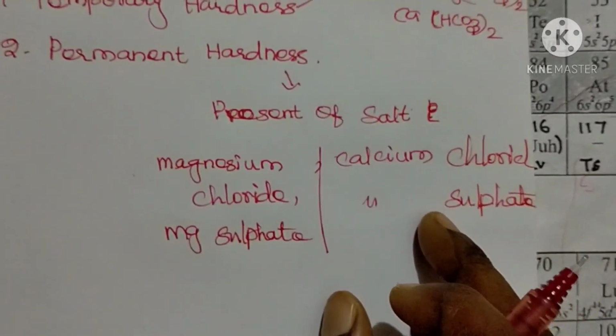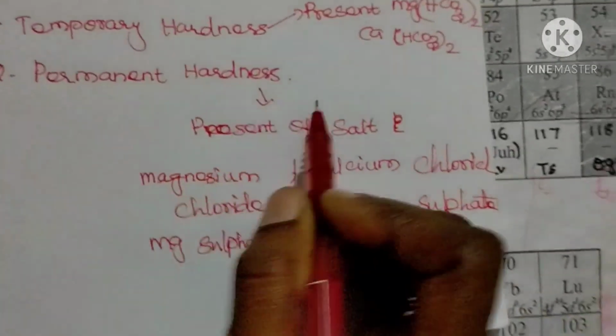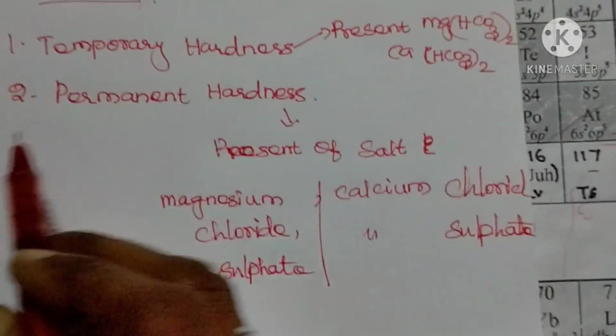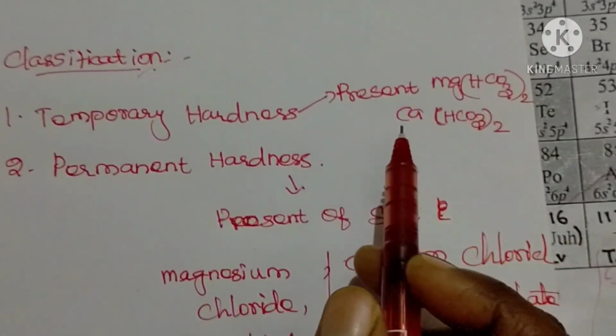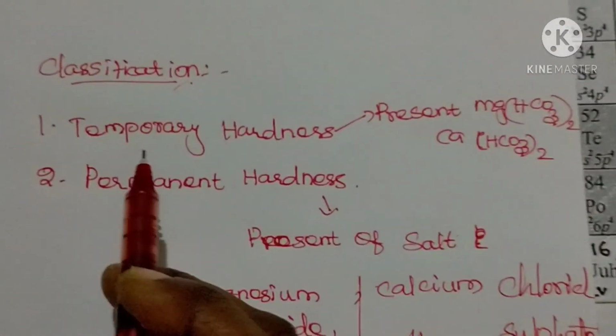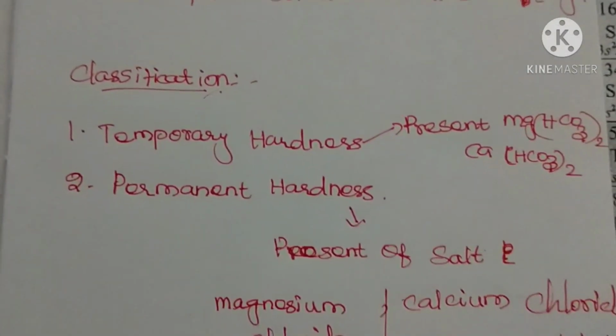So the presence of magnesium chloride, magnesium sulfate, calcium chloride, and calcium sulfate is known as permanent hardness of water, the permanent hard character of water.